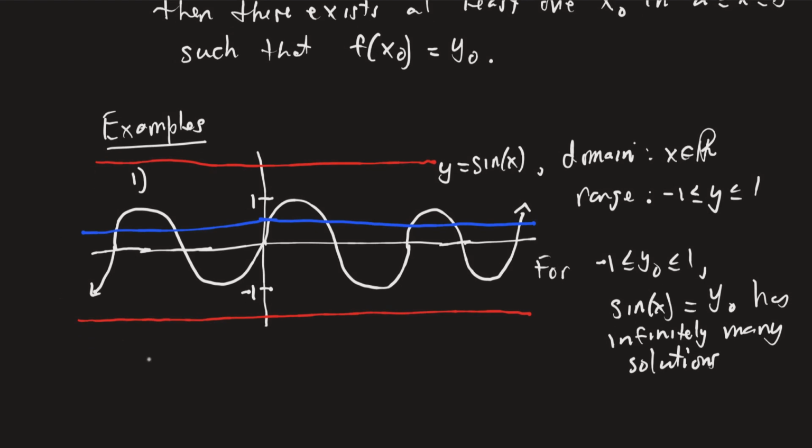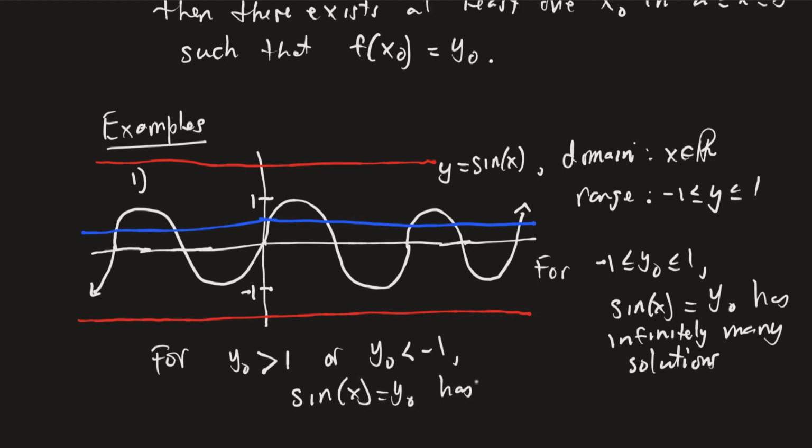So for y0 that's either bigger than 1 or less than negative 1, that same equation that over here had infinitely many solutions now has no solution, right? There is no x that would correspond to it, so this has no real solution.